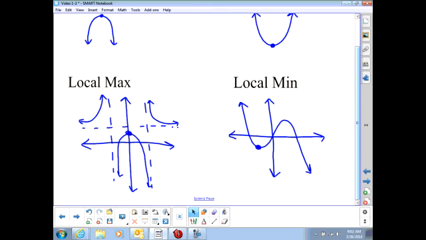And over on the local min, that min is lower than all of the points close to it. Now this local min picture also happens to have a local max right there as well. Okay, so that would be a local max. So absolute is for the entire graph. Local is just within that area of the graph. We'll also refer to these sometimes as turning points of the graph.